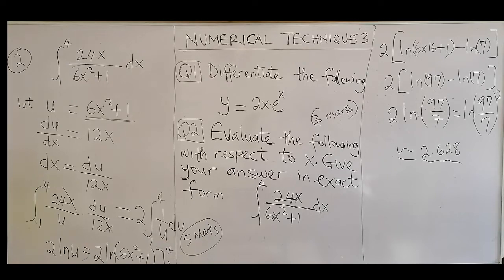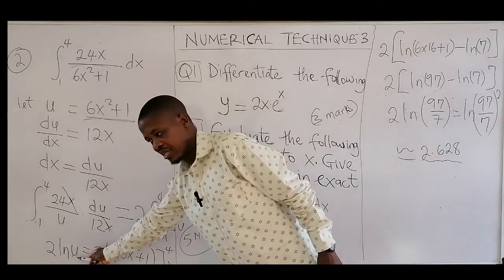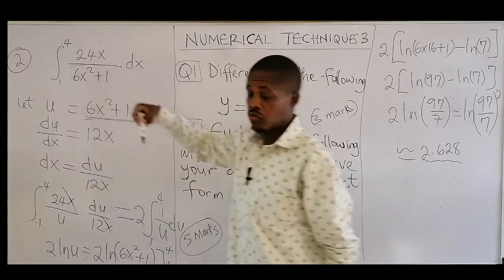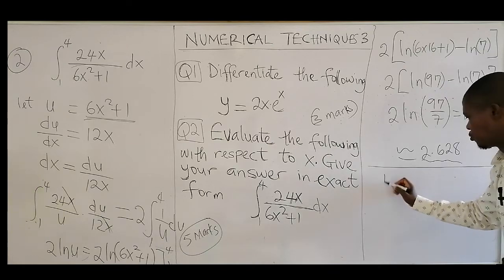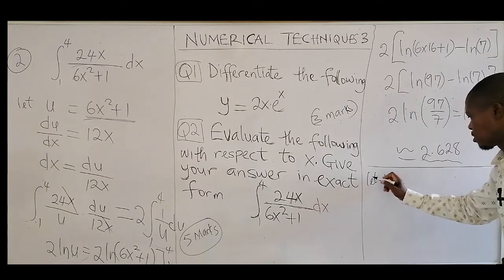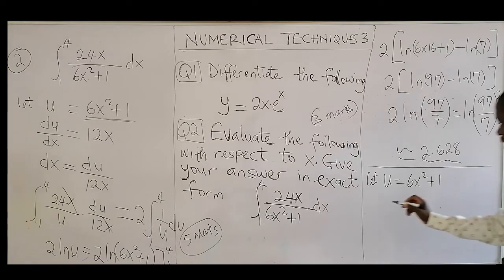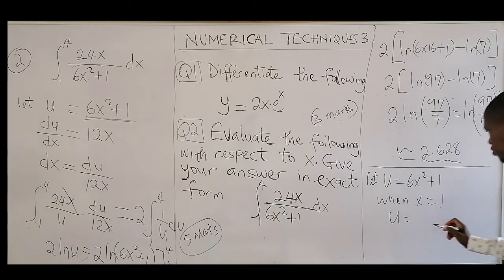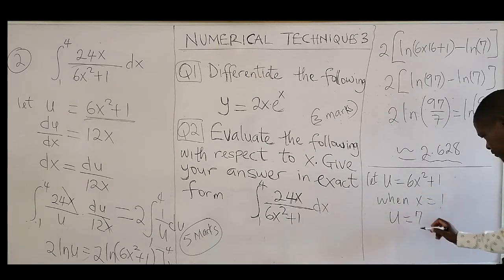Okay. Another way you can also do this question, instead of substituting back the u here, we can change these values, x equal to 1, x equal to 4, to u. We can do that. So we said let u be equal to 6x squared plus 1. Okay, so let's change the upper boundary and the lower boundary. So when x is 1, u is equal to 1 squared times 6, that's 6 plus 1, that's 7.